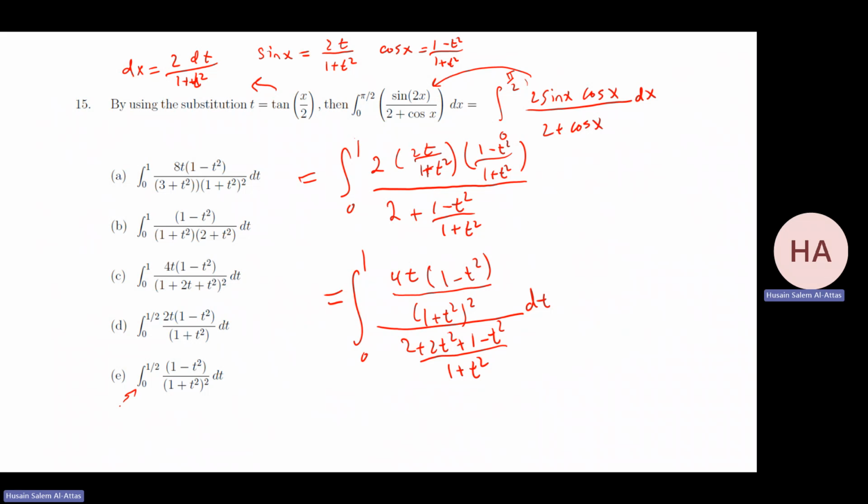Yeah, I forgot something important. I forgot dx. That will be 2 dt over 1 plus t squared. So that will be 8, and this will be cubed. Yeah, I need the x also.